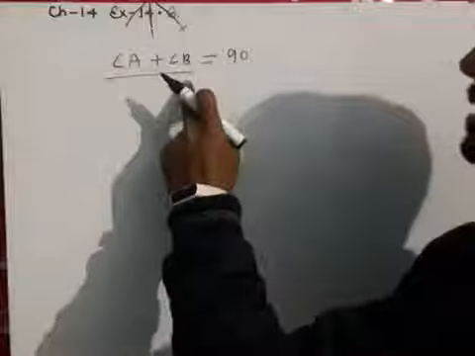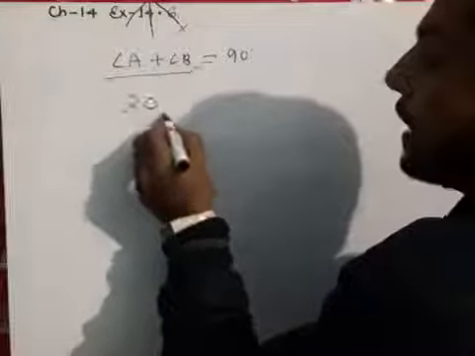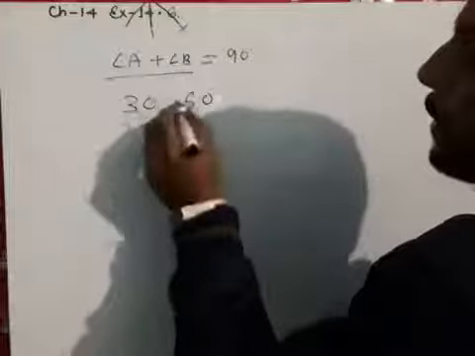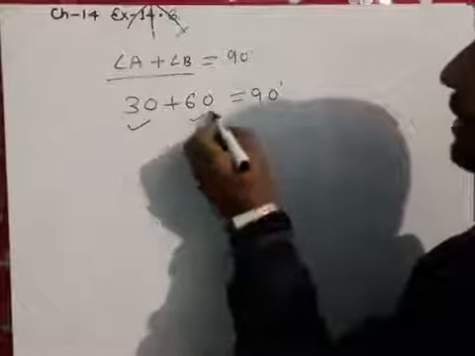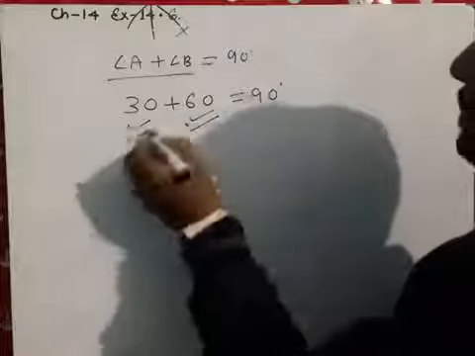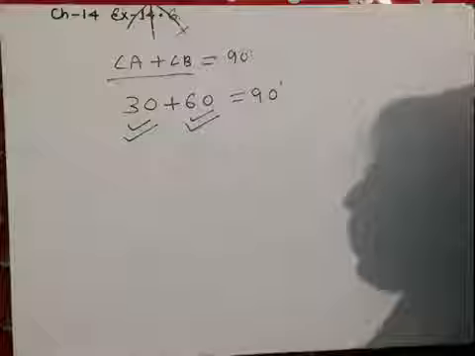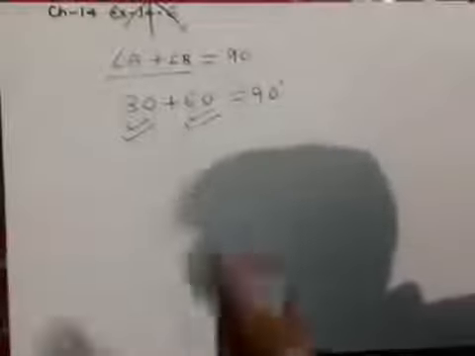That means if the sum is 90, suppose 30 and 60, the sum will be 90. So 30 is the complement of 60 and 60 is the complement of 30. Now going to the supplementary.